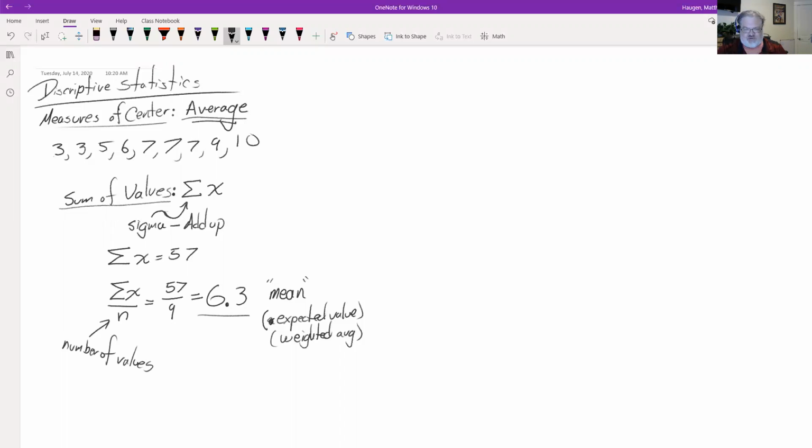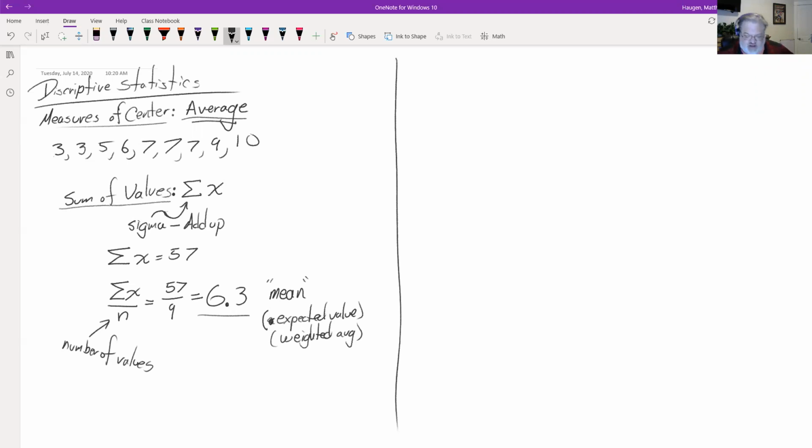It's using those values to find a center based on those values. So it's got a little bit of a process to it. It's got a process of finding a sum. It's got a process of using division, using arithmetic, because it cares about what the actual values of the numbers are.